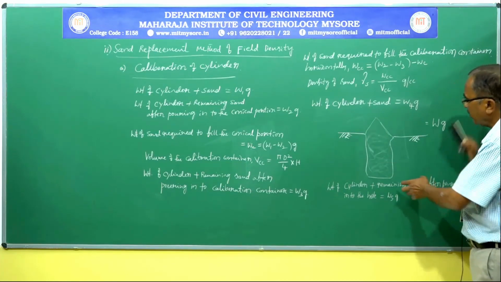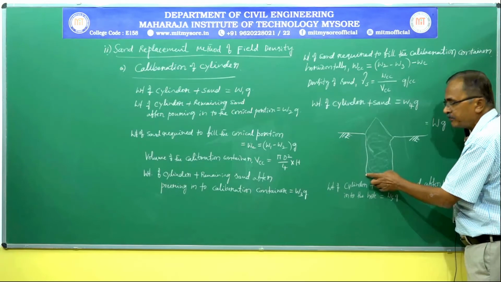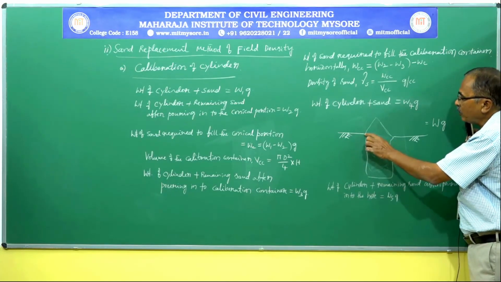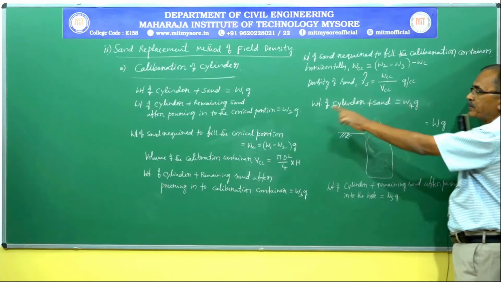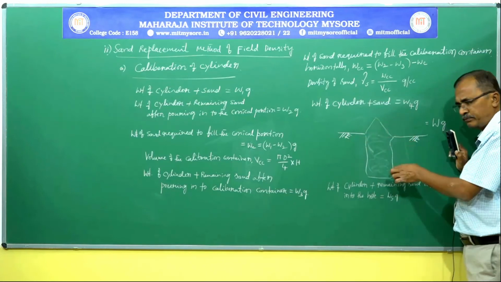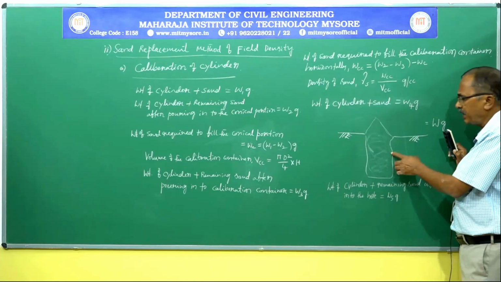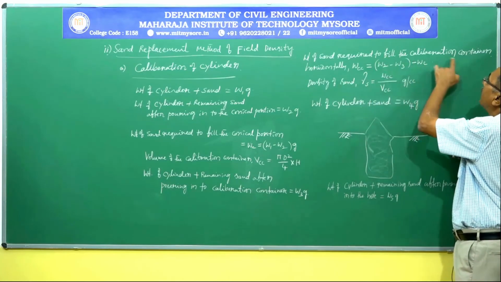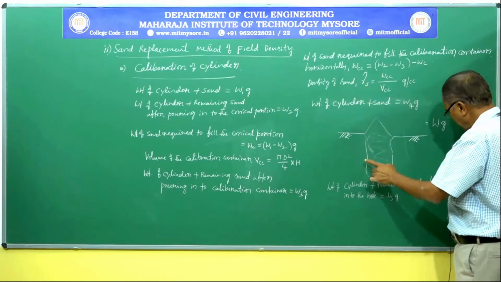Now again, we need to calculate the weight of sand required to fill the hole horizontally, like in the previous case, the case of the calibration container. There we poured the sand into the calibration container, then we worked out the weight of the sand required to fill the calibration container horizontally.